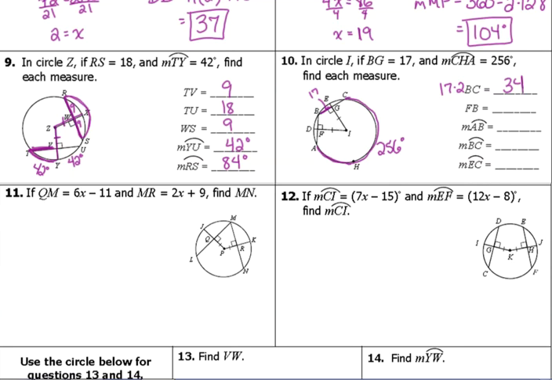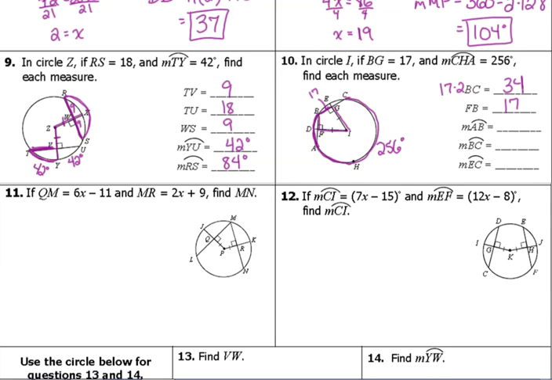F to B. Well, these chords are the same distance from the center, so they are equal to each other. So from F to B is the same distance as from B to E. So 17. All right, arc AB.